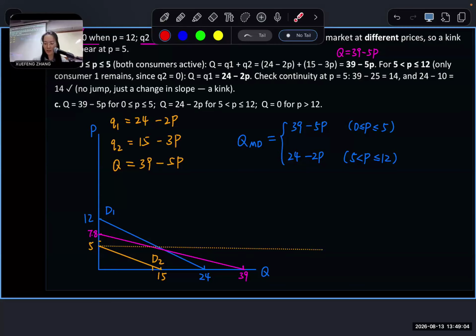Let me cut this demand in half. Look at this part. If the price is between 0 and 5, 2 consumers will buy, D2 and D1, right? So that's why we need to count the market demand, which is the pink line here.